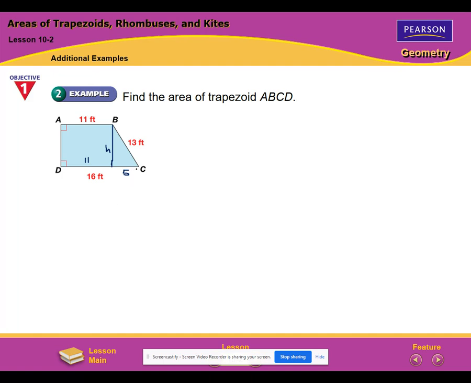Anyway, because this is 5, you could find H using the Pythagorean theorem. H squared plus 5 squared equals 13 squared. If you solve this for H, you'd find out that H is 12. That's a common right triangle: 12 squared plus 5 squared does equal 13 squared. Once you do that, it's the same as the last problem. 1/2 the height, which we just found to be 12, times the sum of the bases.